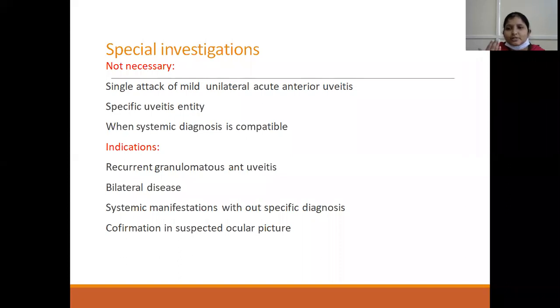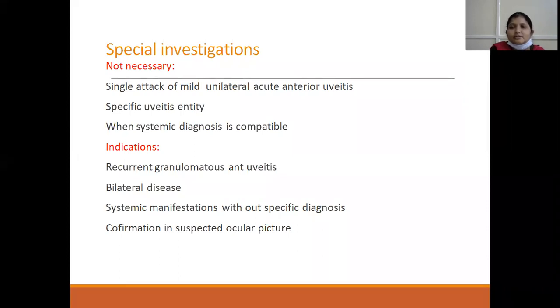When there is associated poliosis, vitiligo, all this we can keep under VKH. Similarly, sympathetic ophthalmitis. If it occurs following trauma, then we can clearly say that it is sympathetic ophthalmitis. In such cases, investigations are not required. And when the systemic diagnosis is compatible, like psoriasis, gout, all these features, systemic associations will be seen.